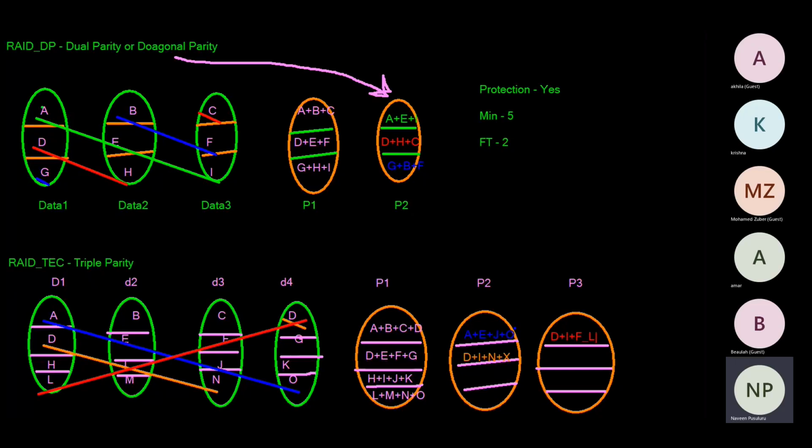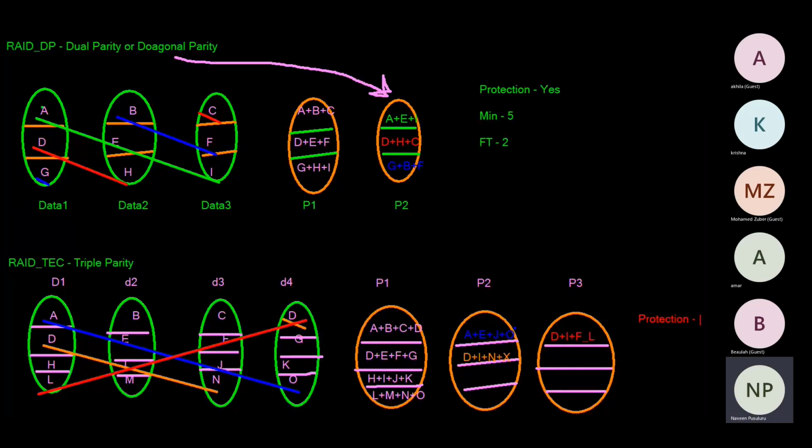It will do the calculations reverse diagonally. I don't want to spend time explaining and calculating all these again. You don't need to do these things. Everything will be taken care of in the background by your RAID technology. The only thing is, you need to know how it works. That's it.